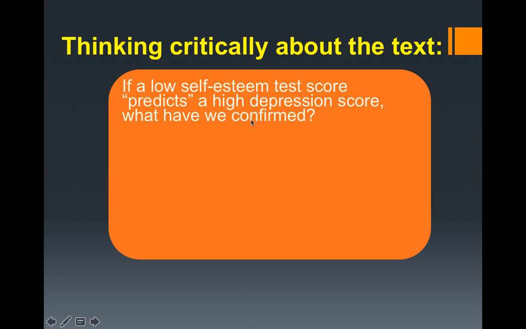Suppose we observe a negative correlation between self-esteem, how good people feel about themselves, and their level of depression. The lower a person's self-esteem, the higher they score on some depression inventory, such as the Beck Depression Inventory or various other instruments that assess level of depression. What does that correlation tell us?